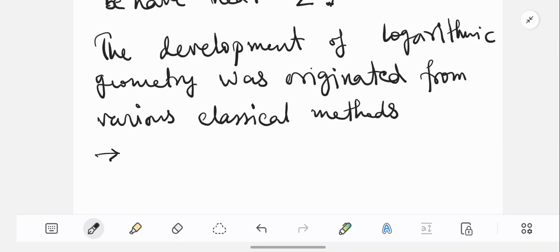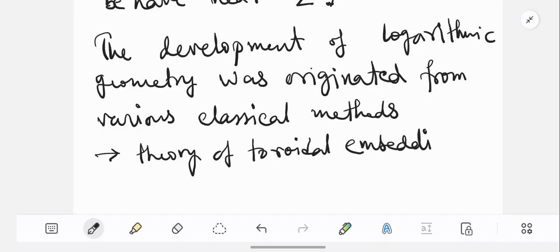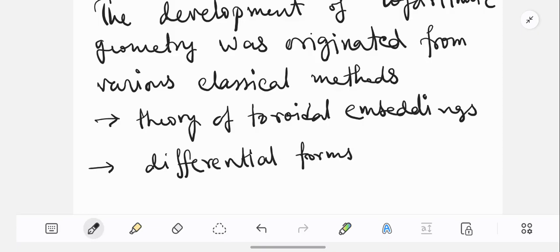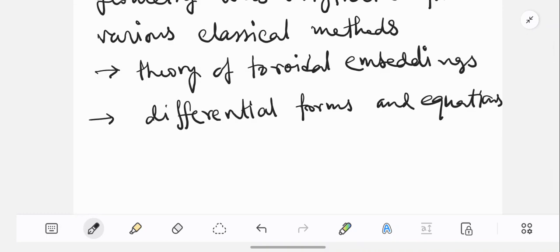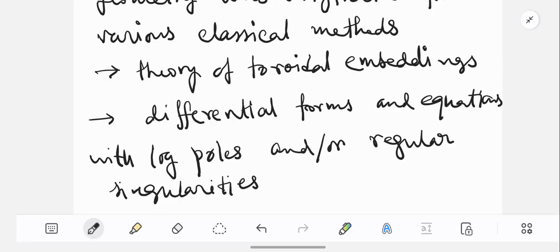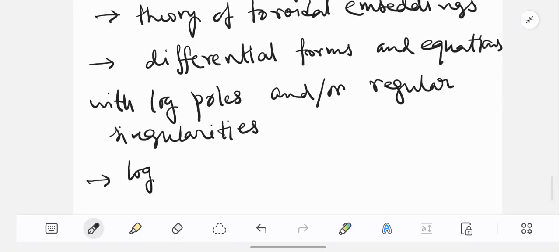Some of the notable theories are the theory of toroidal embeddings, the theory of differential forms and equations with log poles or regular singularities, and also the logarithmic minimal model program and Kodaira dimension.